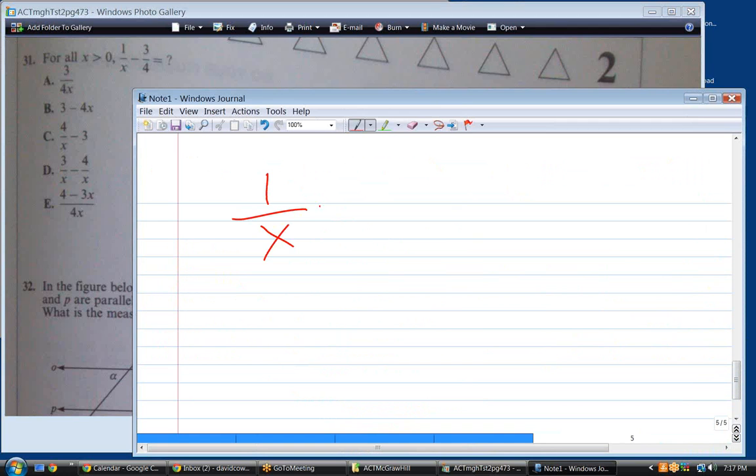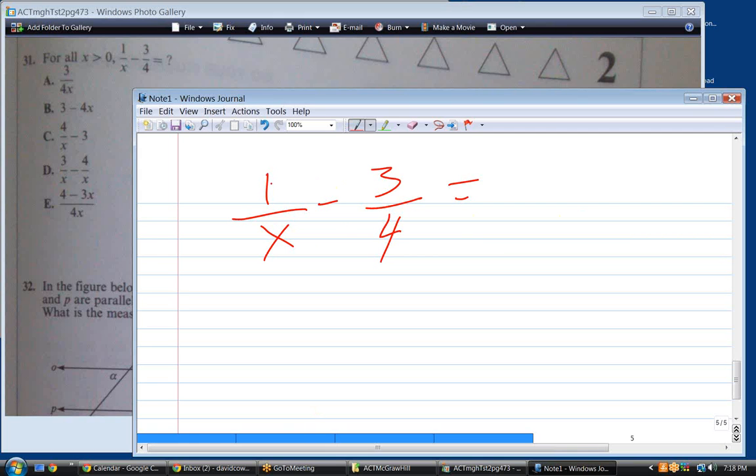One over x minus 3/4 equals what? Make sure you know how to do this. Well, what do I have to do?